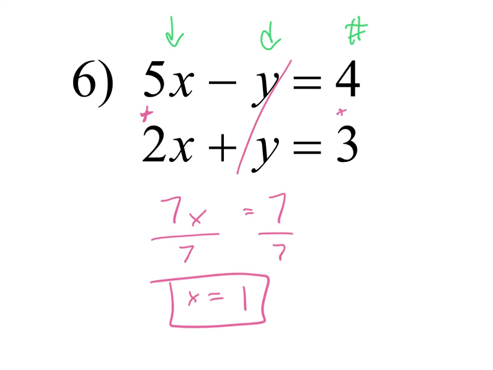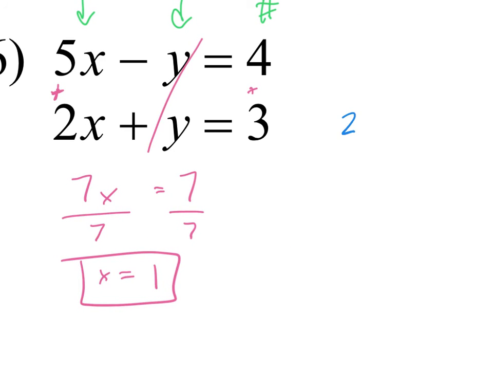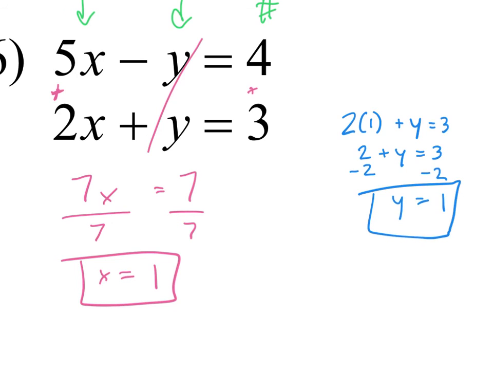So we plug in 1 for x. I'm going to plug it into the second equation. Again, it doesn't matter which one you plug it into. So we have 2 times 1 plus y is equal to 3. 2 times 1 is 2. What do you guys get for y? 1. Awesome.